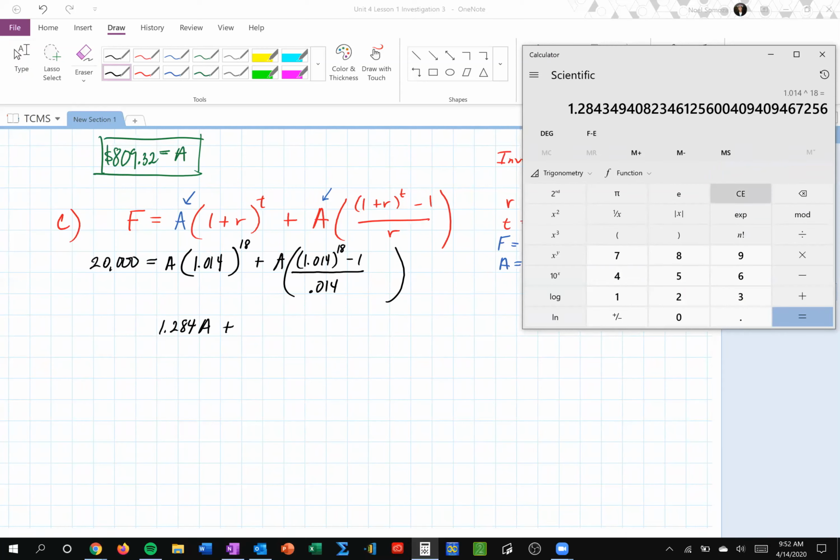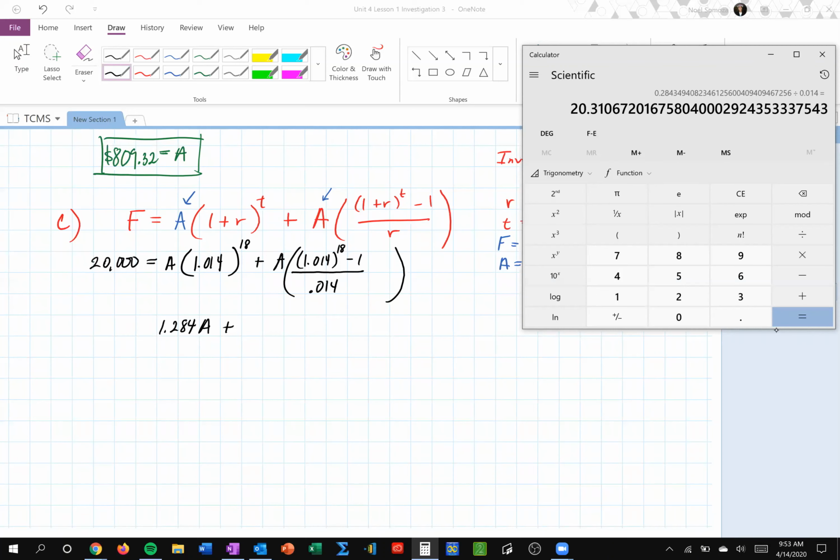We'll take 1.014 to the 18th power. Oh wait, messed up. Okay, don't round at this point. Subtract a 1 instead, and then divide by your decimal, 0.014.